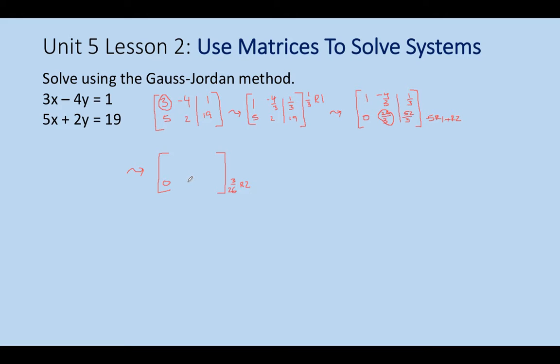And multiplying it by 3/26 will turn this into 1. I still have 1, -4/3, and then 1/3 right here. Let's see, and then interestingly enough, 52/3 times 3/26 winds up just being 2.